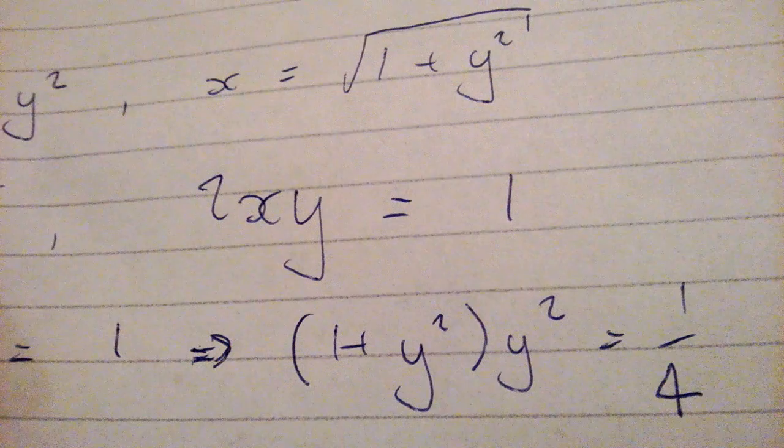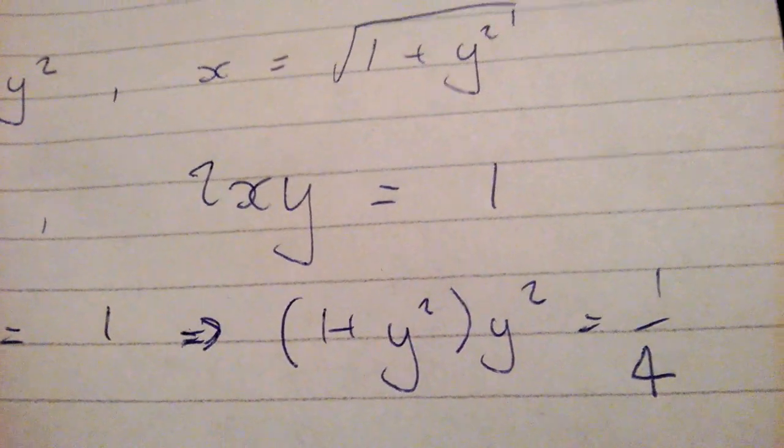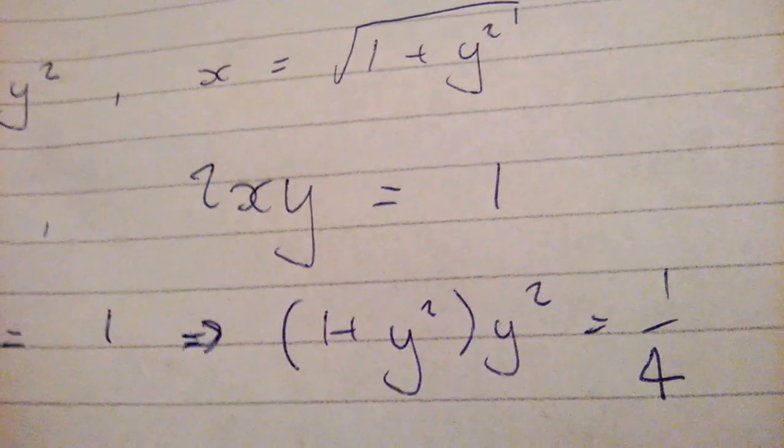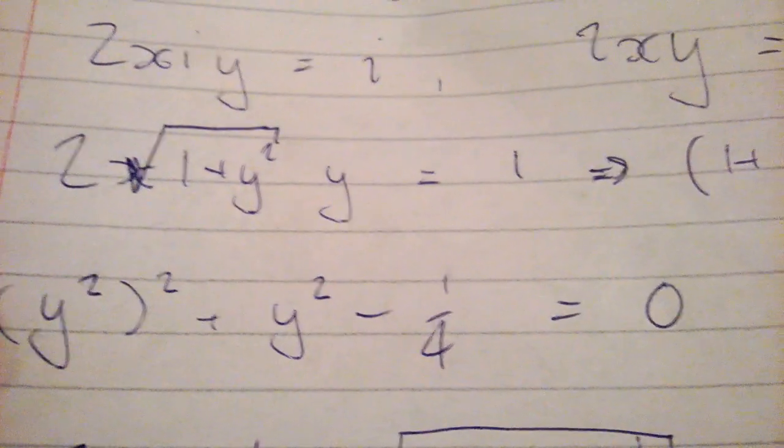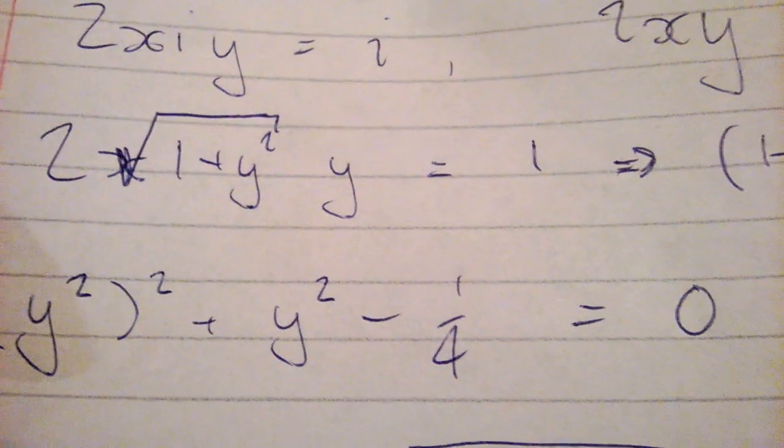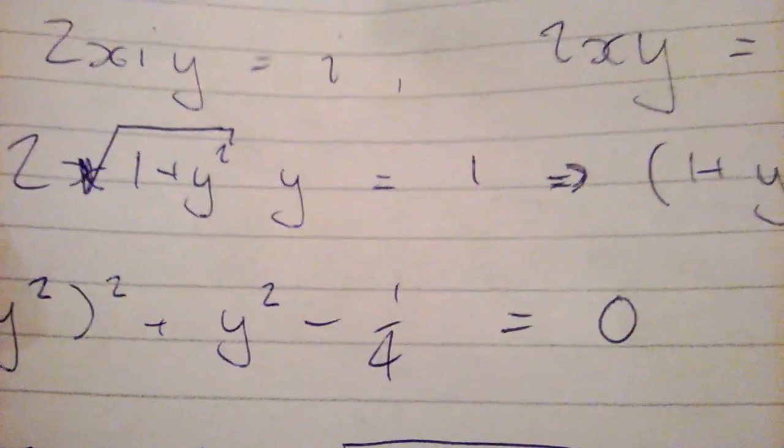So we want to make a quadratic equation where the subject is y squared: y squared squared plus y squared minus a quarter equals 0.